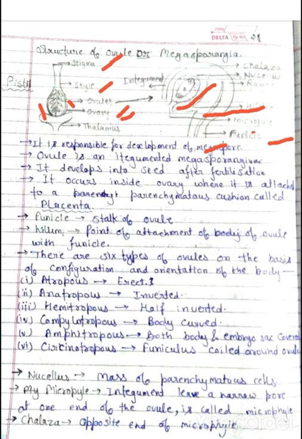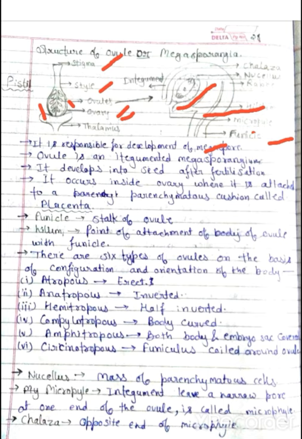After that, I'm going to tell about the types of ovule. There are 6 types of ovules on the basis of configuration and orientation of the body of the ovule. It can be orthotropous or atropous, which has erect orientation, and it can be anatropous, that is inverted. It can be hemitropous, that is half inverted.